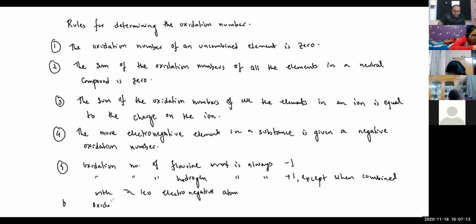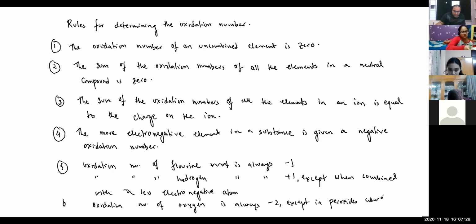Oxidation number of oxygen is always -2, except in peroxides, where it is -1.